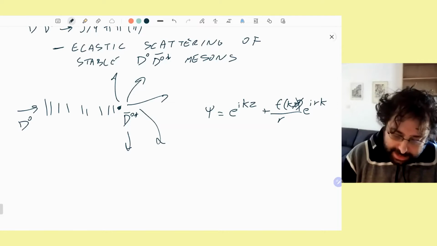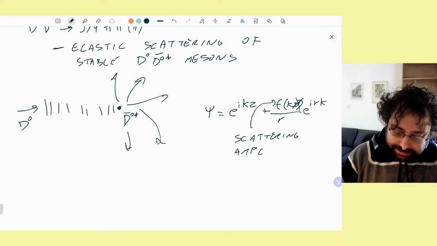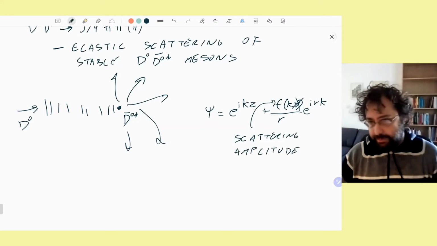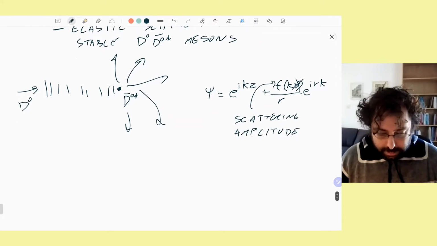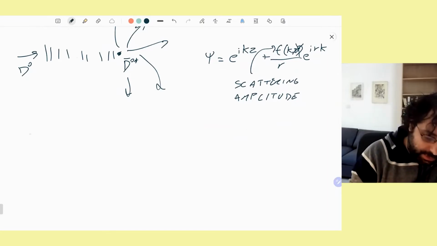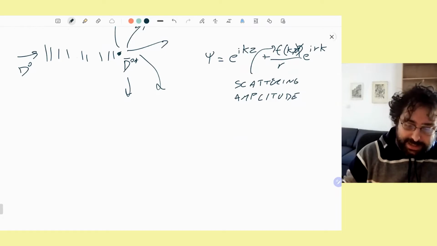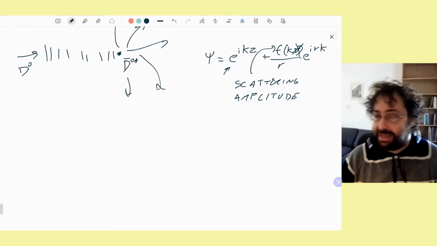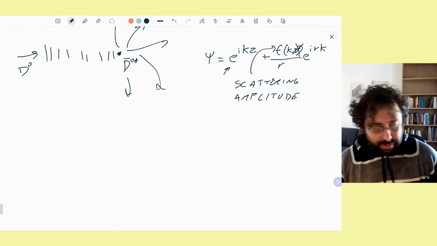Okay, and this is the so-called scattering amplitude. Among the properties of this scattering amplitude, we have the so-called unitarity. Unitarity is related to the fact that the probability is conserved, so that the flux that is seen coming from this plane wave must be the same flux that gets out through this outgoing spherical wave.